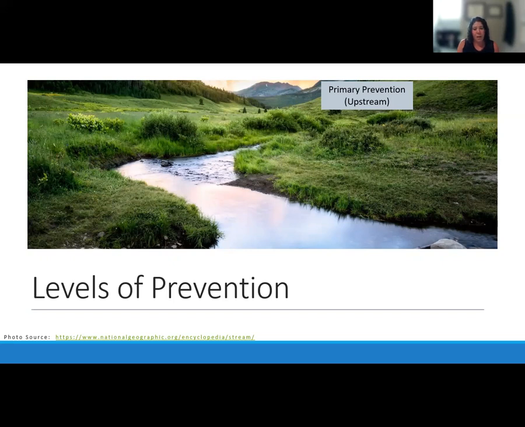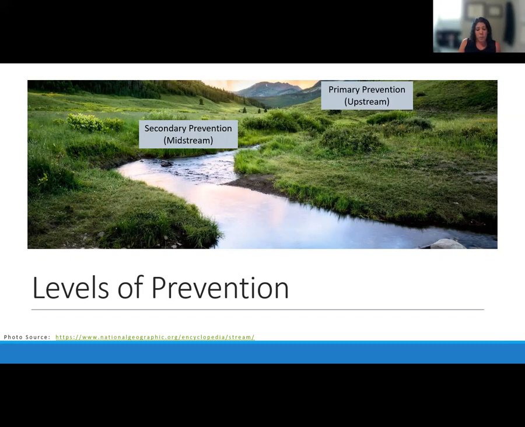In addition to primary prevention, there are also secondary prevention strategies. Secondary prevention typically occurs midstream, in other words, while the injury is occurring. For injury and violence prevention, this could include interventions like airbags that lessen the severity of a crash while it's occurring, or screening programs among persons at risk for certain injuries and violence.